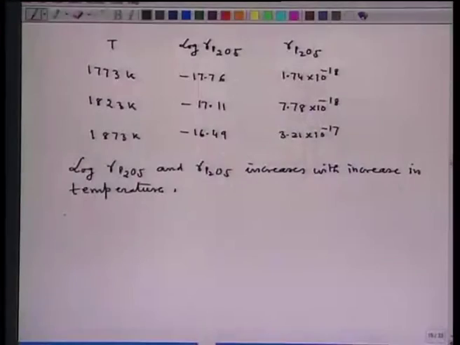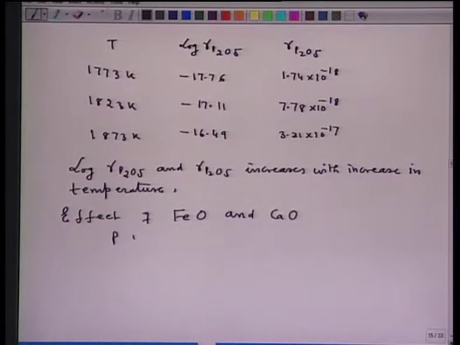Now, let us show the effect of FeO and CaO. What is the effect of FeO and CaO on dephosphorization? Now, remember, phosphorus removal is a slag metal reaction.